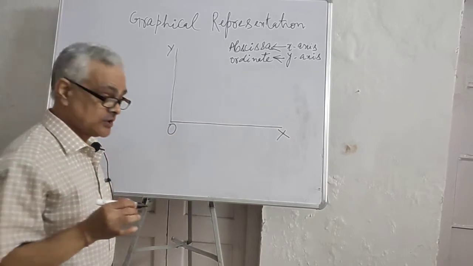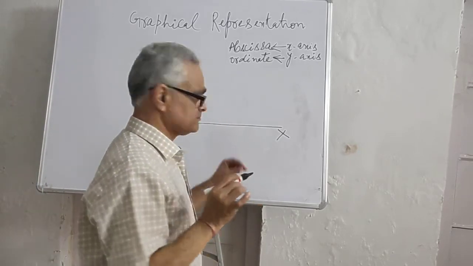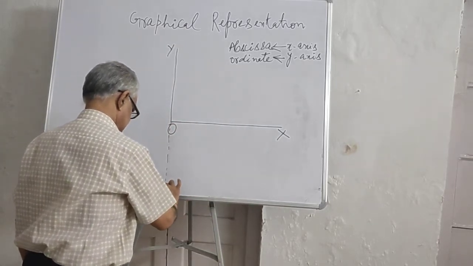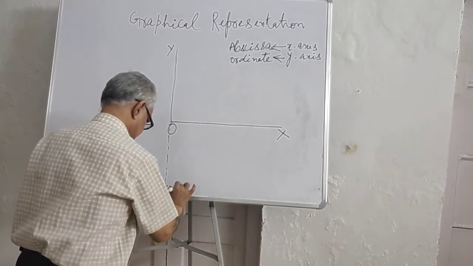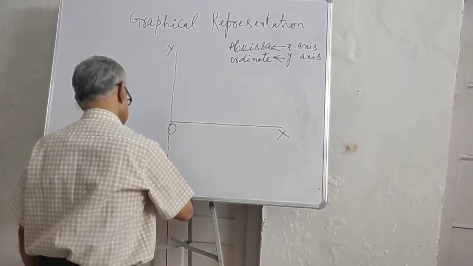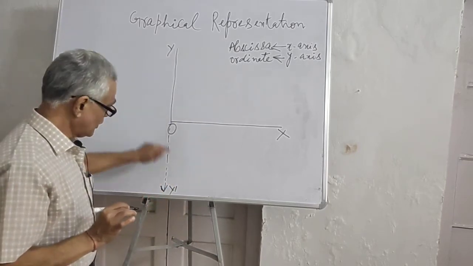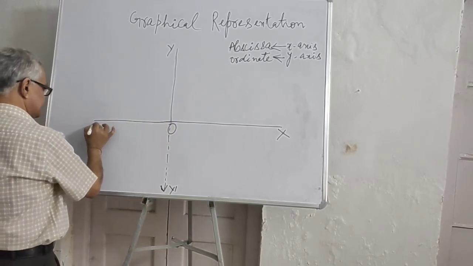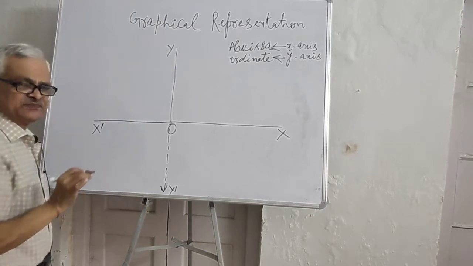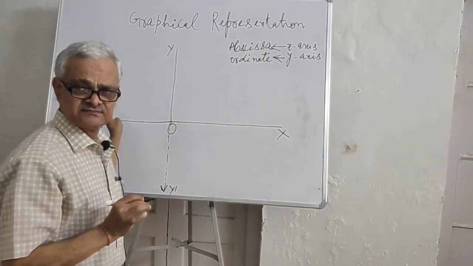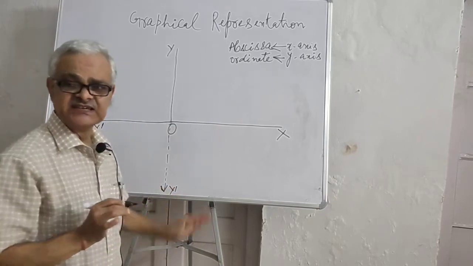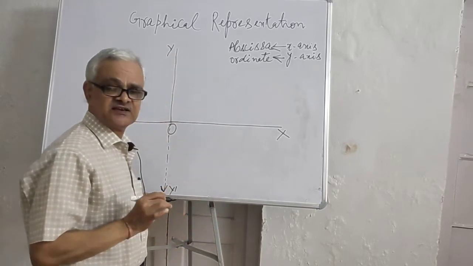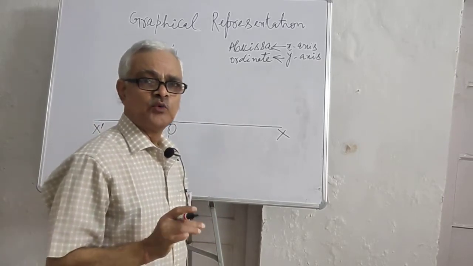है, y axis. दूसरी बात जो इसमें हमको मुख्य रूप से कहनी है कि यदि हम इसको नीचे की तरफ ले जाते हैं, it is opposite to the OY dash, and this is OX dash. This means this part is with negative sign of x axis, and this part is with negative sign of y axis.